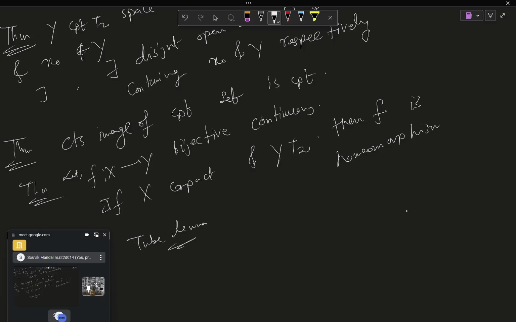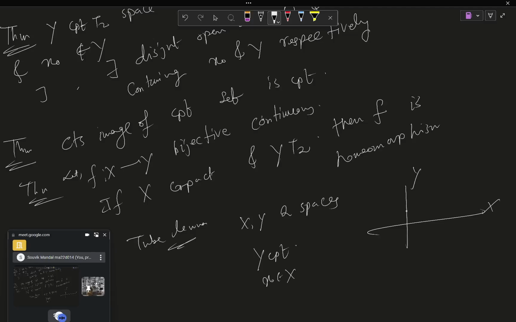But the statement goes as follows: suppose X and Y are two spaces, and Y is compact.